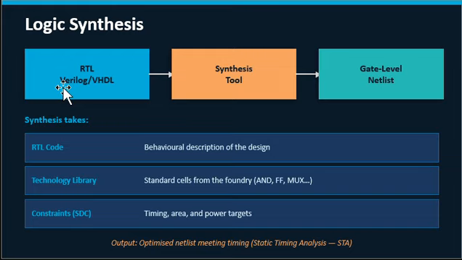Then we have logic synthesis, in which we write the RTL code and a synthesis tool converts it into a gate level netlist. RTL code is the behavioral description of the design. The technology library is the standard cells from the foundry, and there are constraints like timing, area, and power utilization.